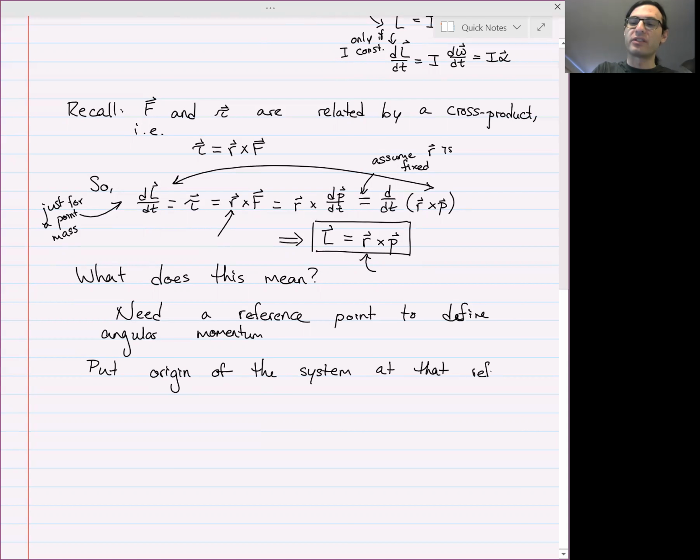And that reference point is traditionally the axis of rotation, but it doesn't have to be. Then, in that case, the vector r points from the origin to the thing with momentum p.